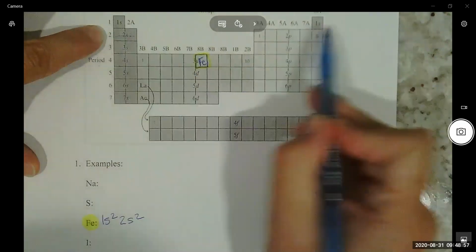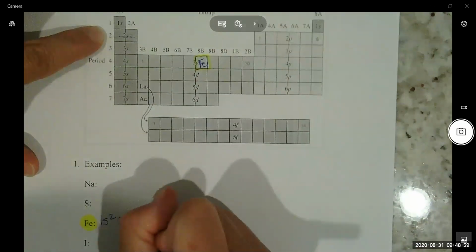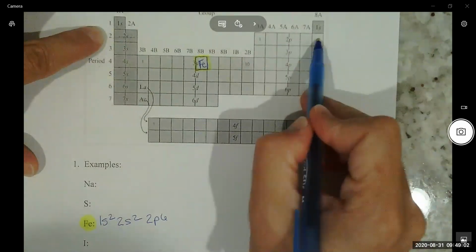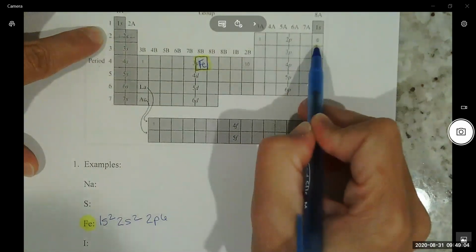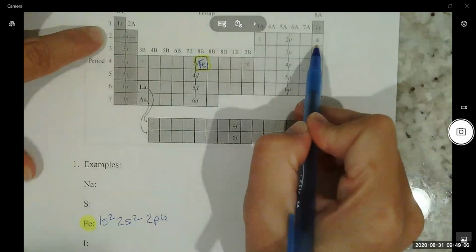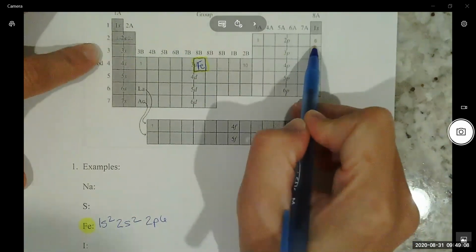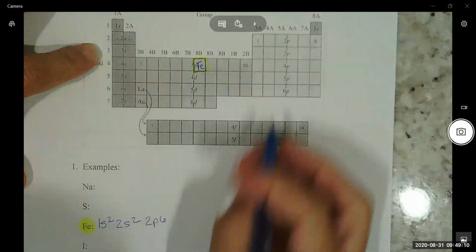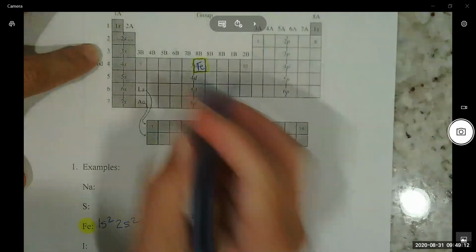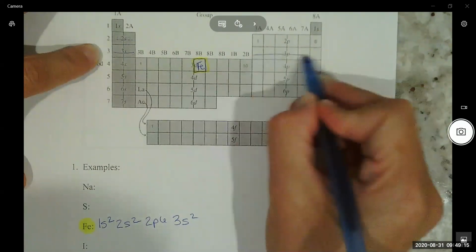Then after 2s, I have 2p that fills up, so 2p6, and if you count across 1, 2, 3, 4, 5, 6, it even tells you how many electrons are going to go in that sublevel. Then from 2p, I go to 3s, that holds 2, then I'm going to have 3p6.